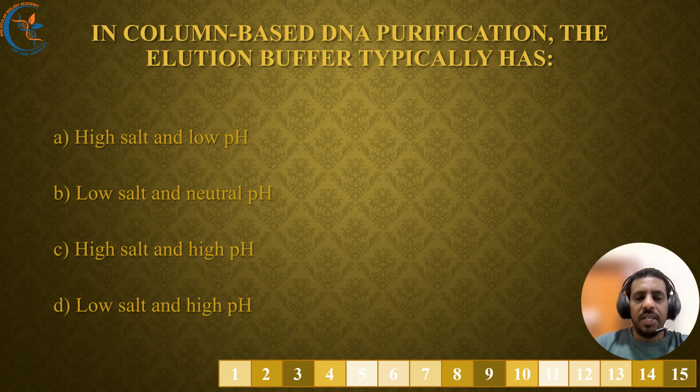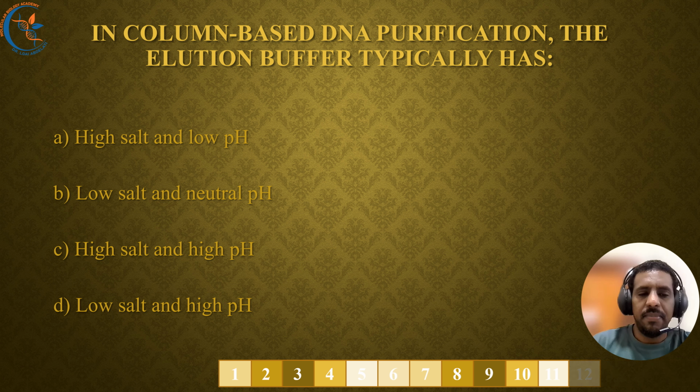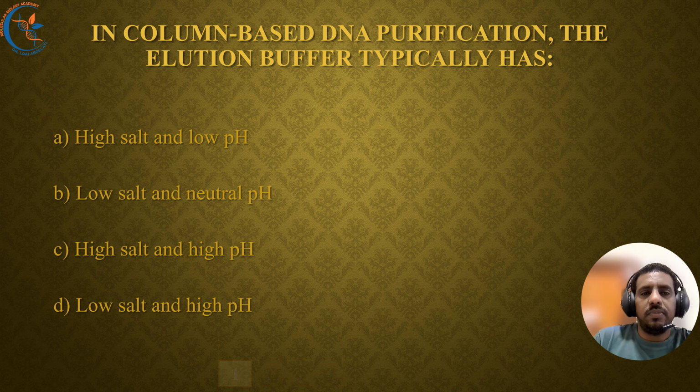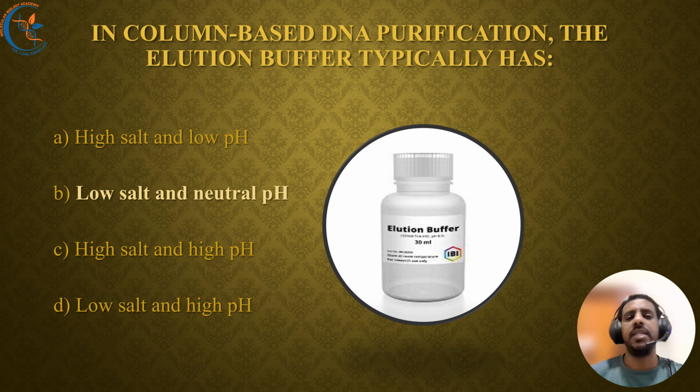Okay. Next question. In column-based DNA purification, the elution buffer typically has which one of them? All right. In column-based DNA purification, elution is the final step where DNA is released from the silica column.